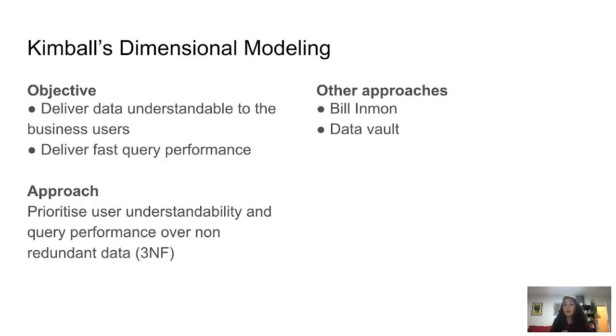So we are not going to take care that much on making sure that the data is not redundant. We're going to prioritize user understandability of this data and also query performance. Other approaches that could be interesting if you want to dive in more in this topic could be Bill Inmon and Data Vault.